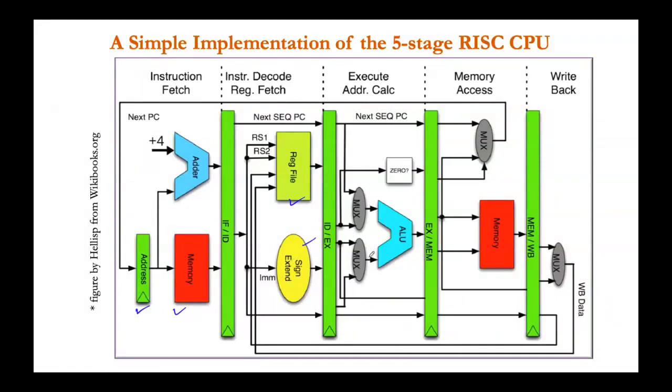Then the multiplexers take two inputs and give one output, and the ALU takes two inputs and gives one output. The data memory unit takes two inputs and gives one output, and another multiplexer also takes two inputs and gives one output. We have just explained what those inputs are.